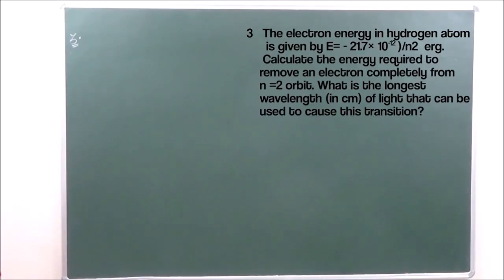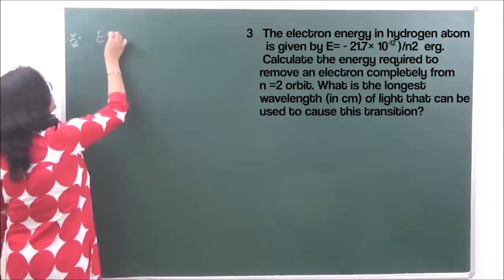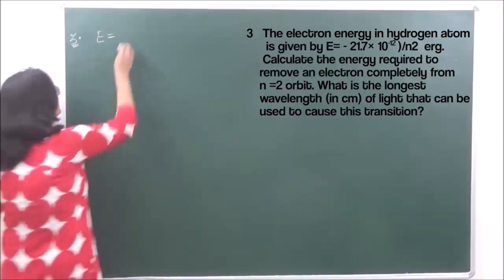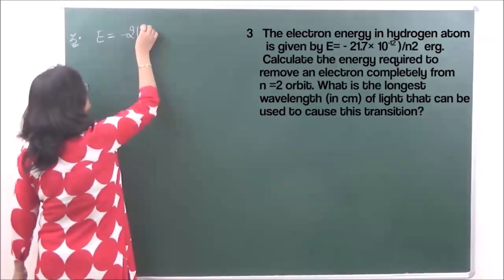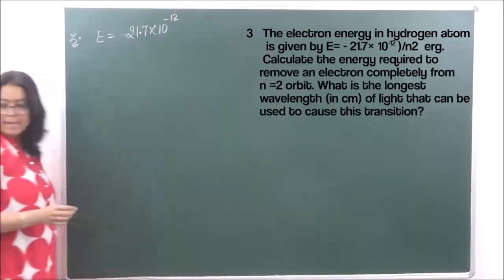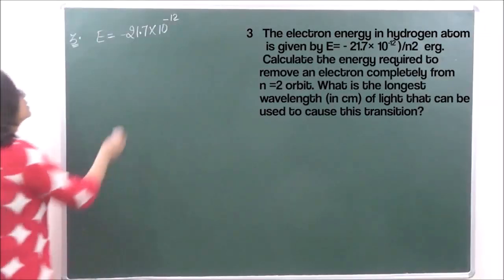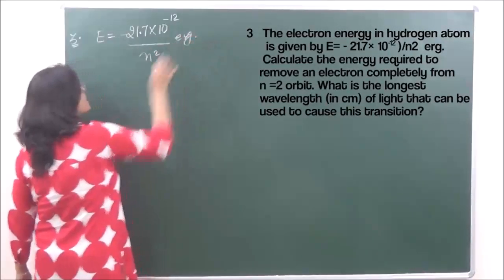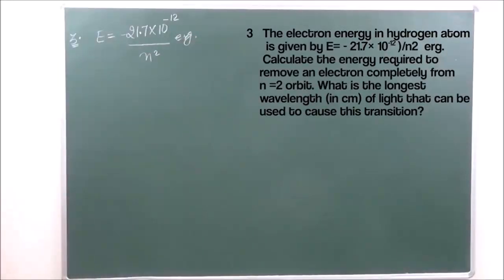So what has been given to you in the question is the value of energy, which is minus 21.7 into 10 raised to power minus 12 ergs upon n square. This is the value of energy which is given to us. Okay.